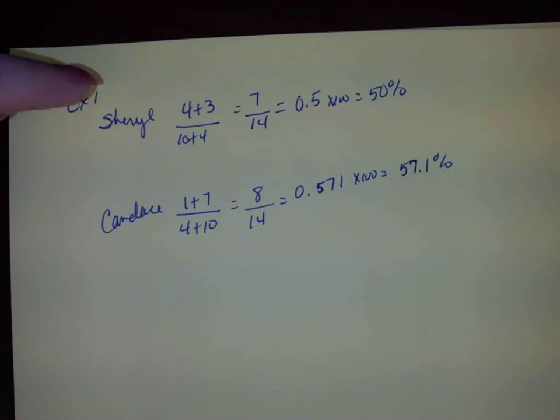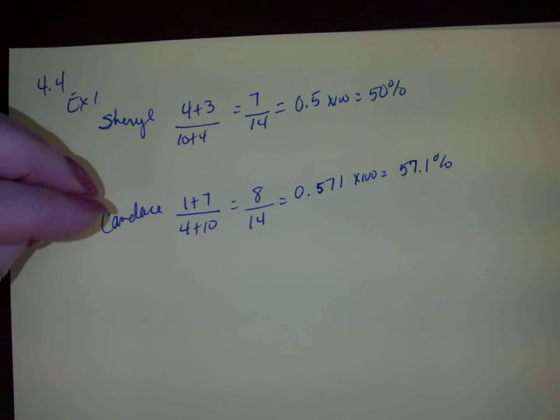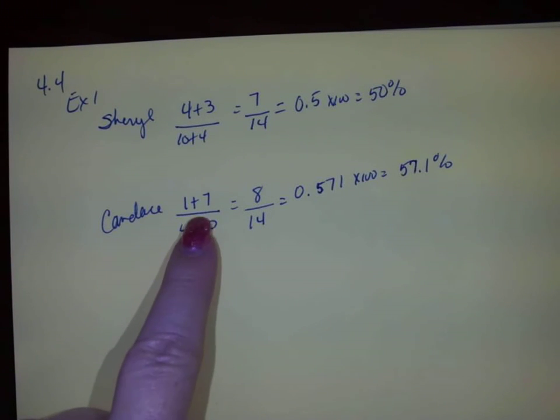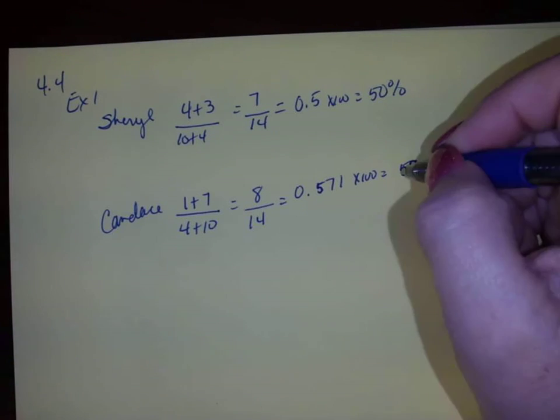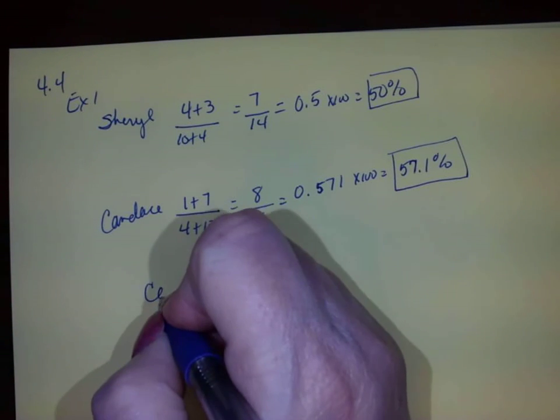Now, Cheryl did better in both halves than Candace, but overall, out of the number of attempts made, Candace actually had a better record. So Candace is better overall.